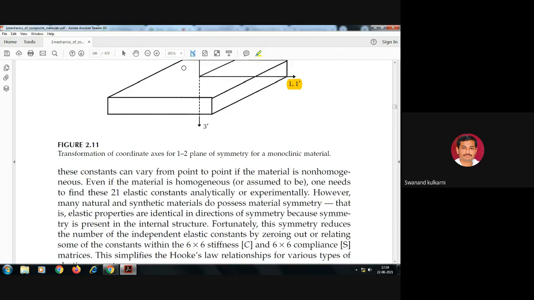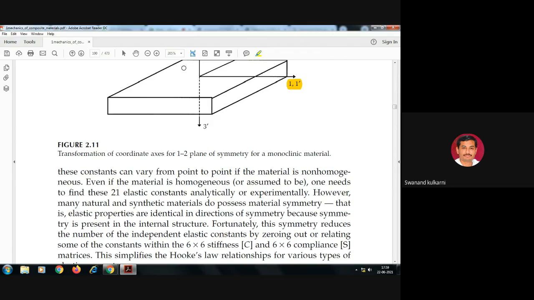Isotropy, anisotropy is one thing, and homogeneity and non-homogeneity are again different things. In a composite material, there may be chances of non-homogeneity, because if the layer of matrix is not uniform from location to location, suppose reinforcement thickness at point A is different from point B, then the material is non-homogeneous.